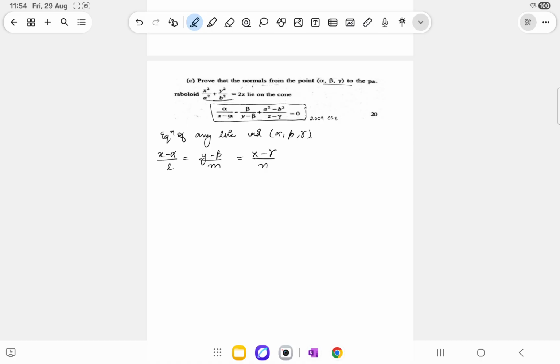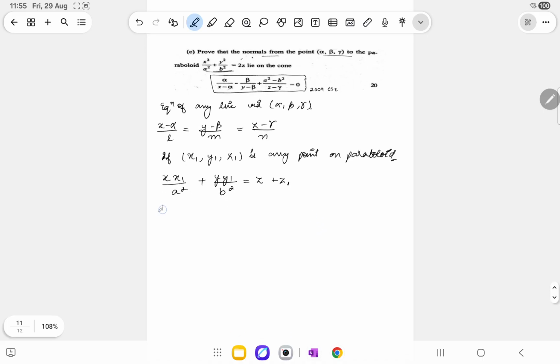Further, if (x1, y1, z1) is any point on the paraboloid, then the equation of the tangent at this point (x1, y1, z1) to the paraboloid will be basically x x1 by a square plus y y1 by b square is equal to z plus z1.